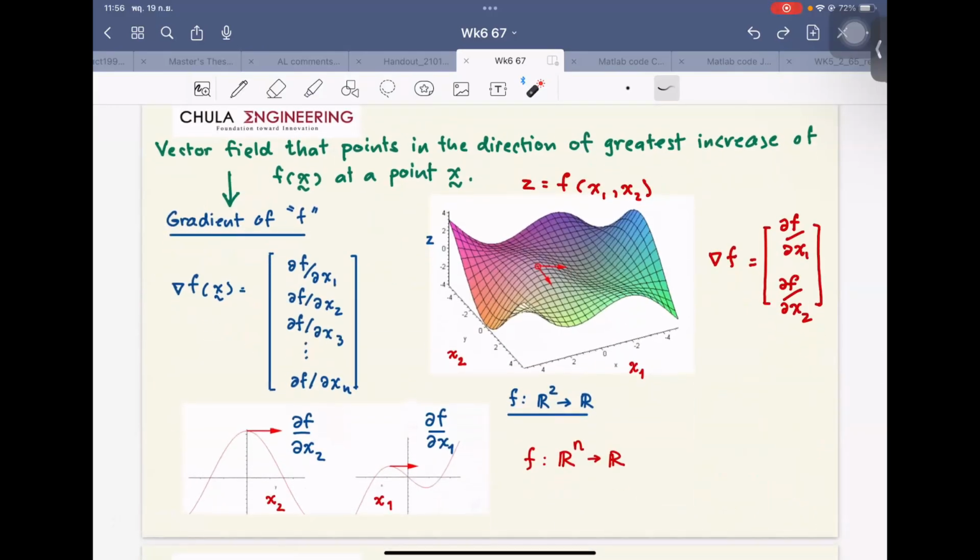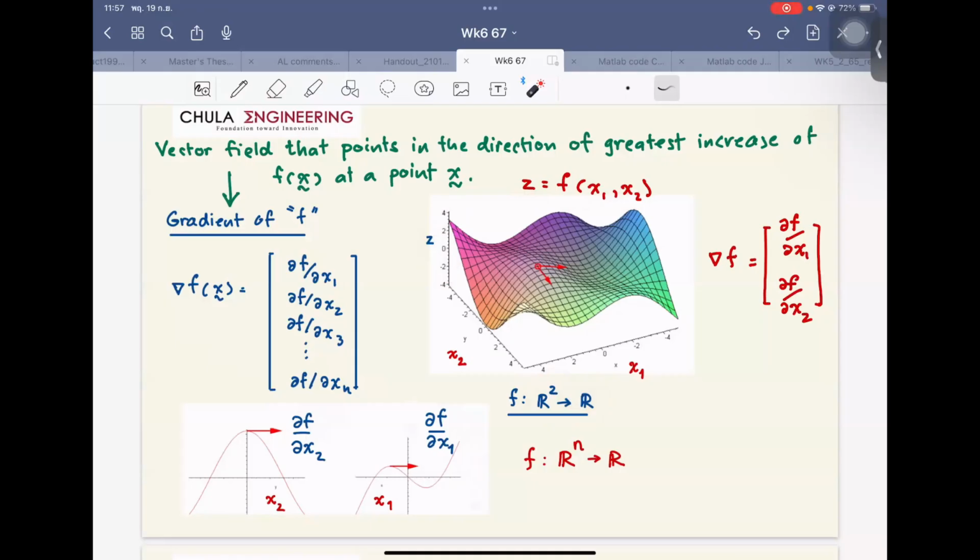Let me explain the gradient. Now you have the function f. For simplicity, we use the case of two unknowns. x has two components, f maps to R. When we plot f of the vector x in the vertical coordinate, f will show you a surface.